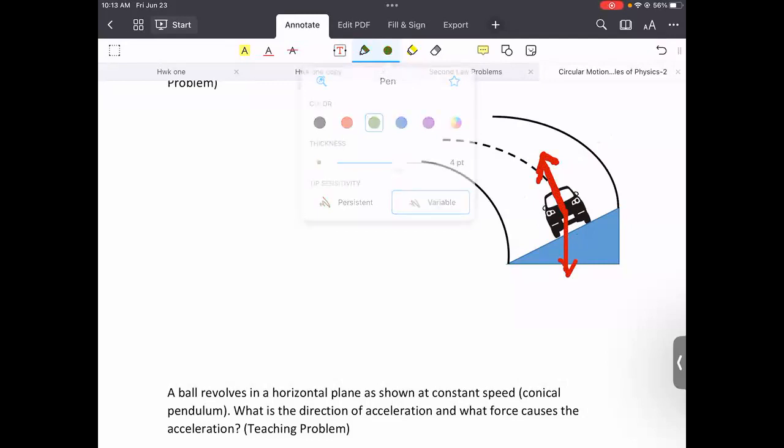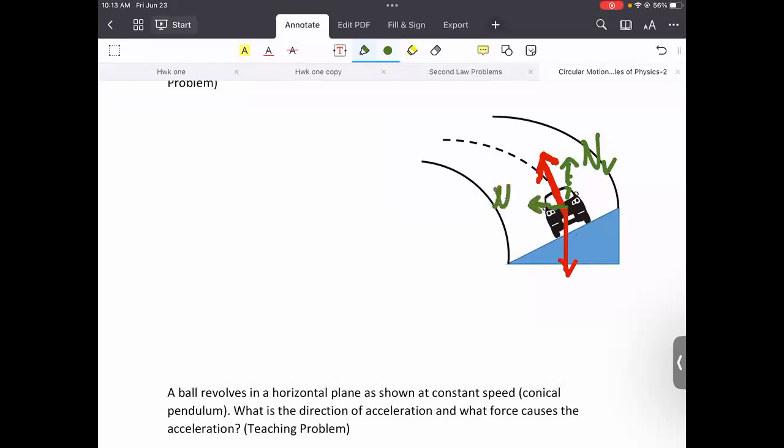And the components, draw the component in the vertical direction. And then another component has to be horizontal. So this is the horizontal component.